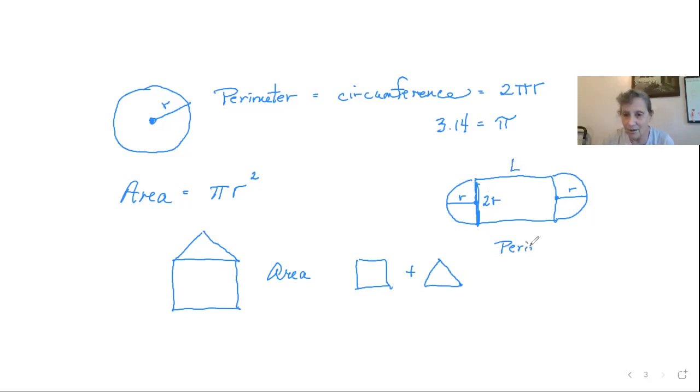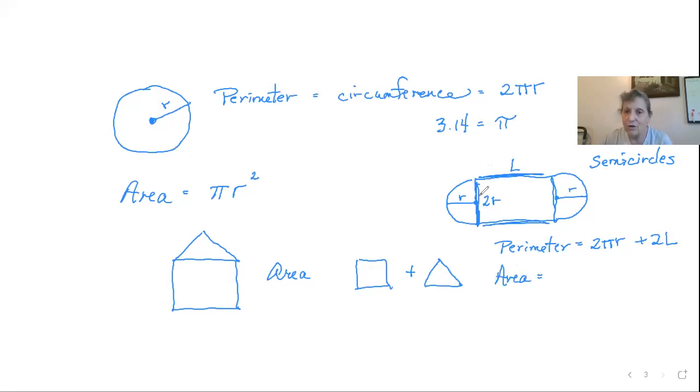The perimeter of this, these two semicircles, if they state, we can't assume, if they state that at each end we have a semicircle, half of a circle, and this is a rectangle, then these two distances have to be the same. So these two make up one circle. So the perimeter would be the circumference of the circle, 2 pi r, plus this length twice. So we can make up our own formula.